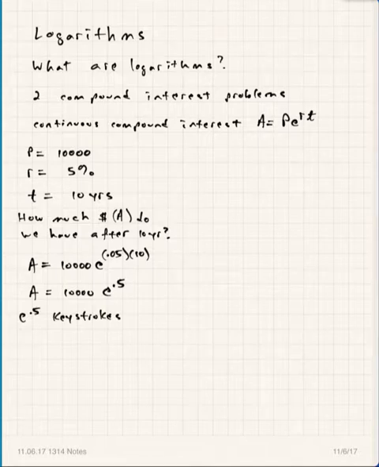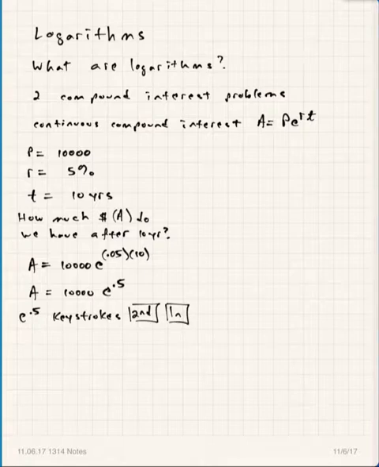The keystrokes for e to the 0.5 would be to hit the second key first, and then hit the ln key on your calculator. And when you do that, that brings up that notation right there, and then enter 0.5, close the parentheses. And so e to the 0.5 power is about 1.6487. I got this off of my calculator.